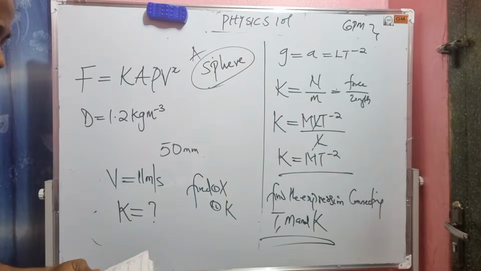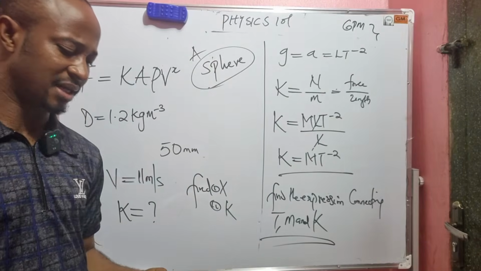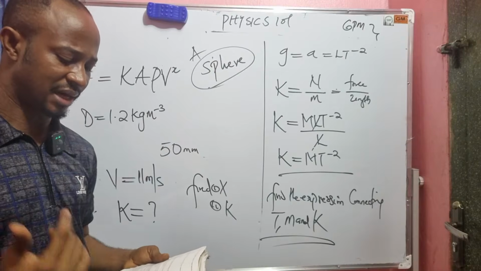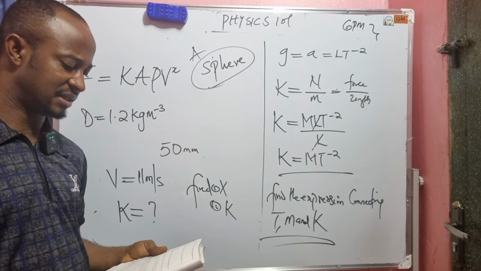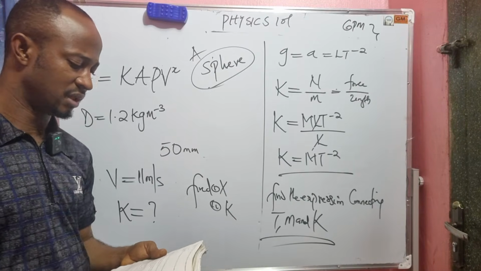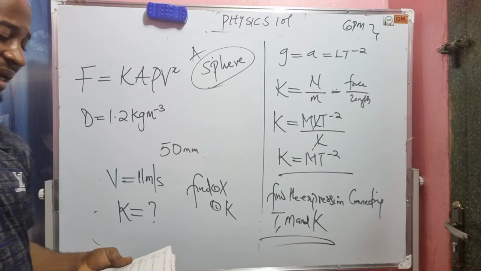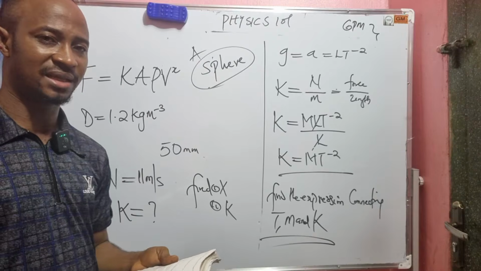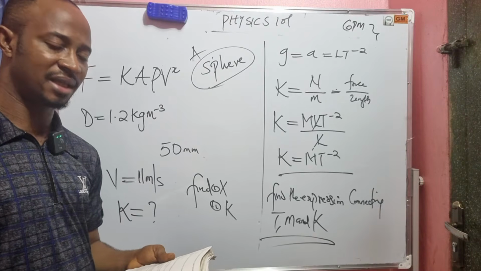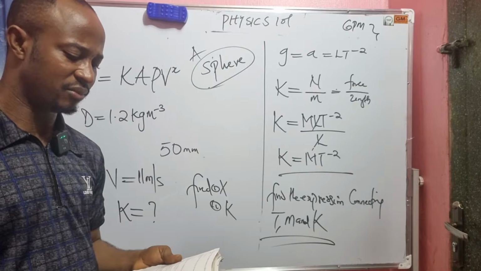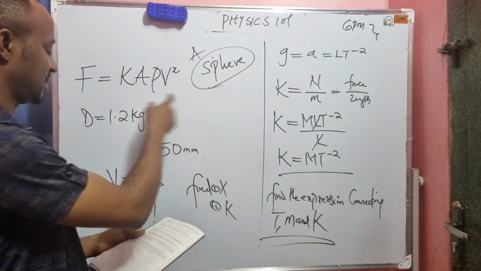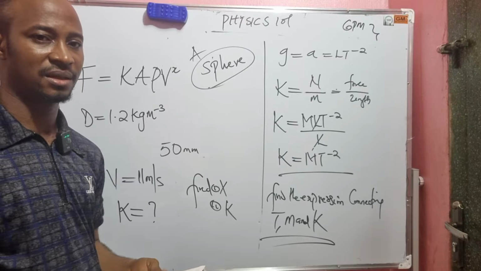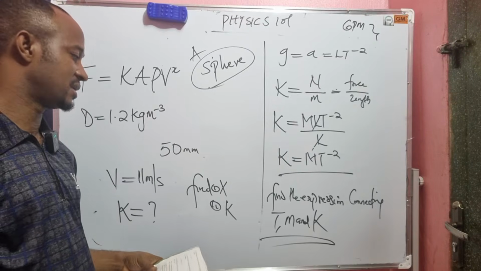A sphere of radius 50 millimeter and mass 1 kilogram falling vertically through air of density 1.2 kilogram per meter cube attains a steady velocity of 11 meter per second. Assuming the above equation applies, we are asked to calculate the value of k in this case.